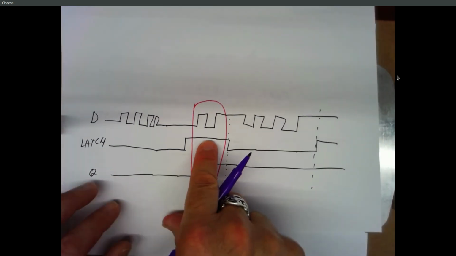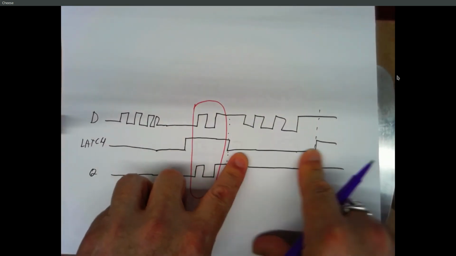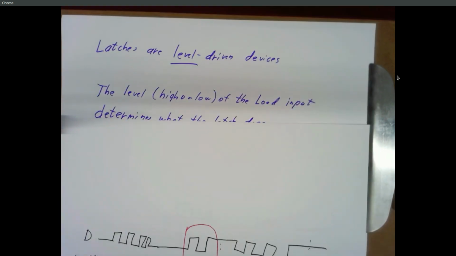Right? If the input's high, it's doing one thing. If the input's low, it's doing something else. But it only looks to see whether the latch is high or low.